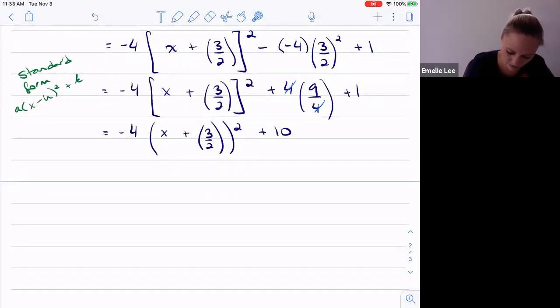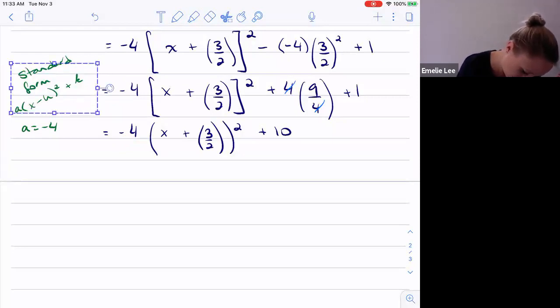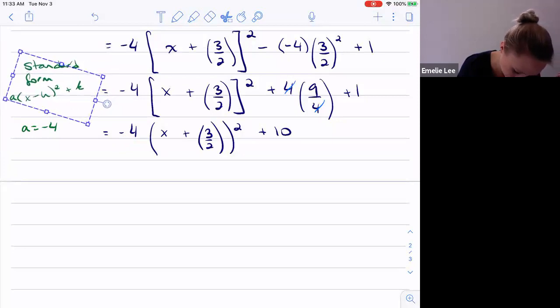Okay, so in this case, a is negative 4, that's the same as before.